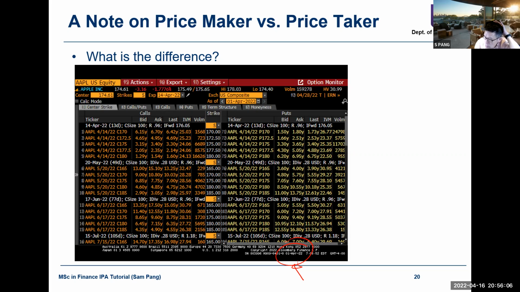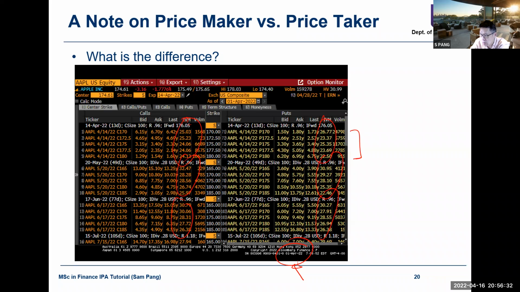So the implied volatility at this time, when I captured this screen around 3 weeks ago, was somewhere around 25, as you can see, between 25 to 30. The first thing you notice is that it's not uniform.